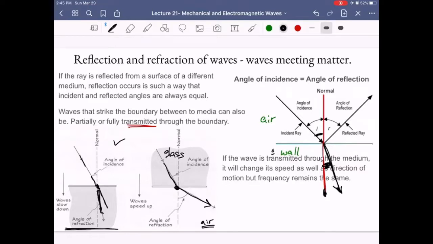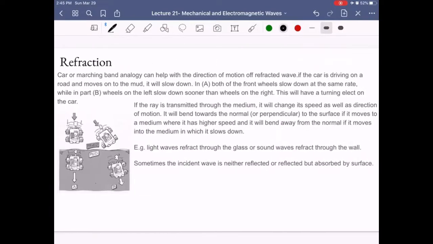Now, it might be difficult to memorize, and you would have to memorize it before the exam. So I have some diagrams here to help you a bit. One way you could think of it is as a marching band or a car that's entering mud. Let's consider this car analogy first.